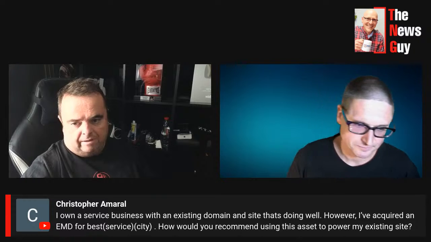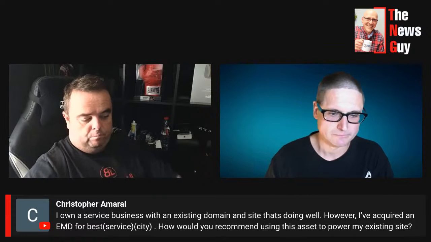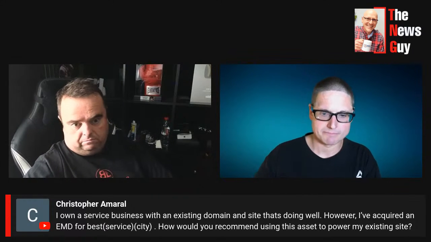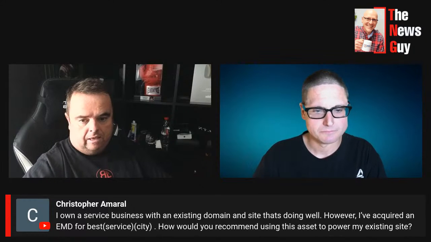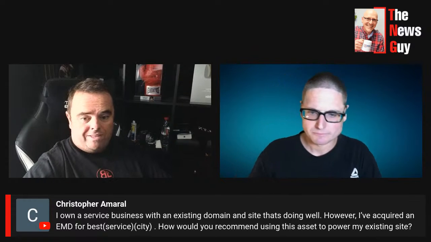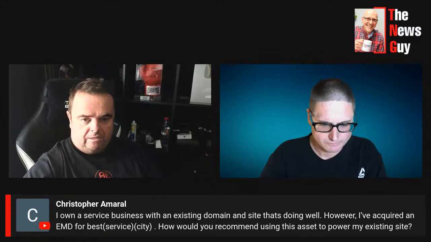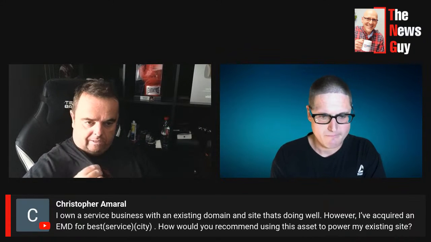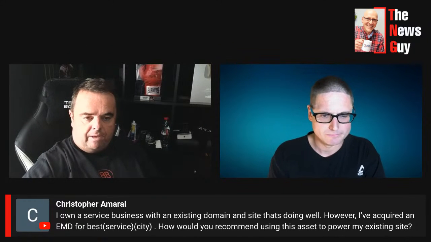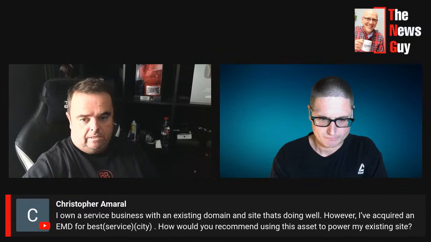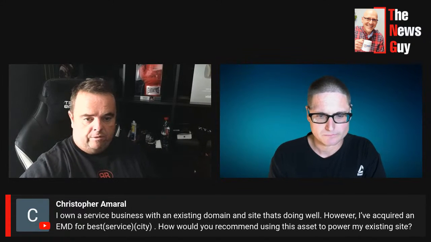Exact match domains don't have the power they once did. I do believe that it helps to rank, but I think the time and effort that would go into that is problematic. Whereas getting something with some referring domains is just that bit easier. So that's normally the route I would go down as well.